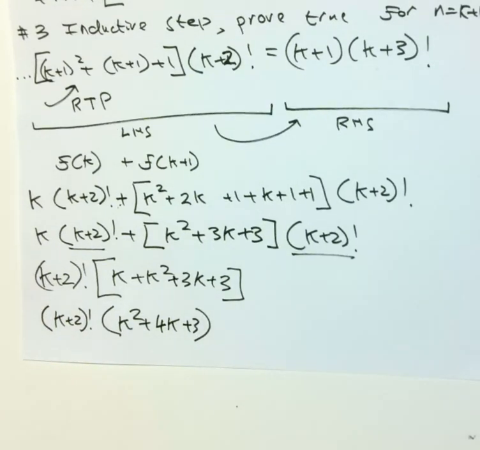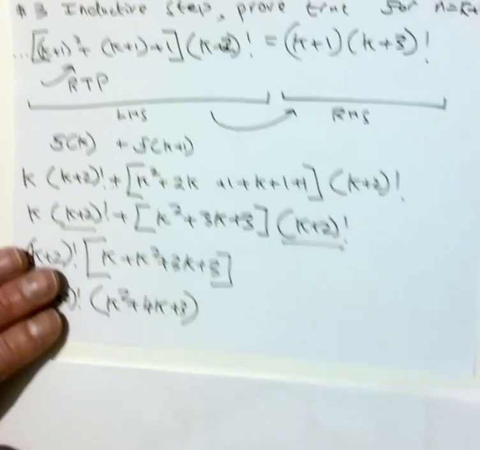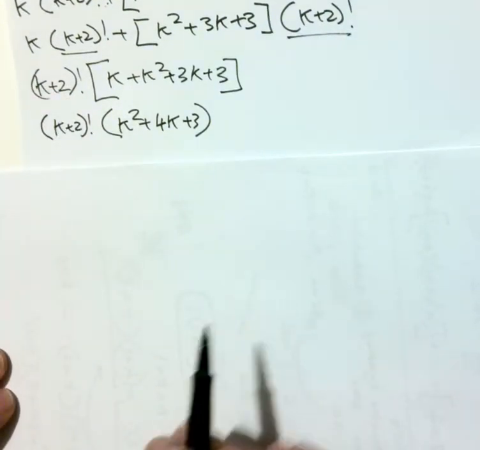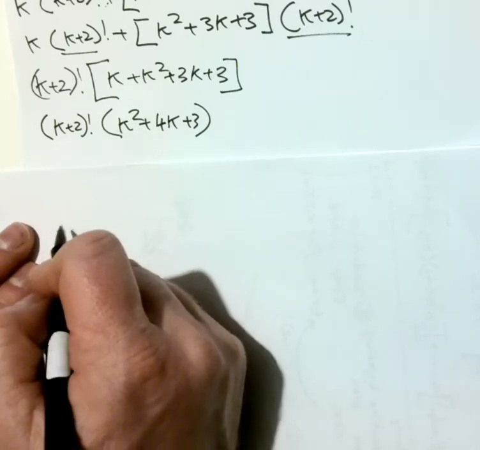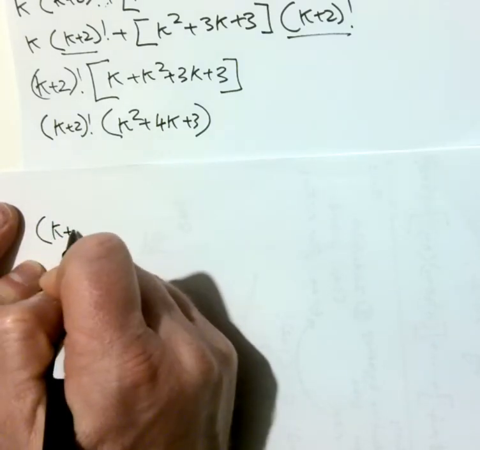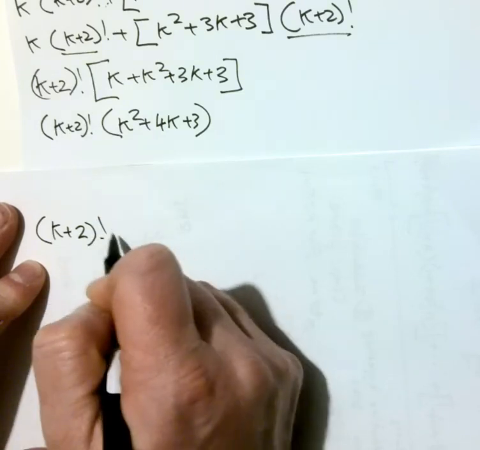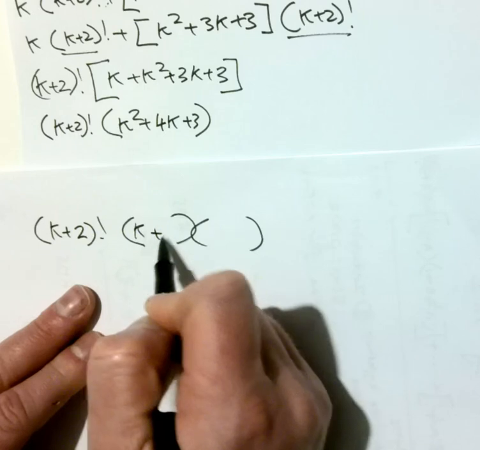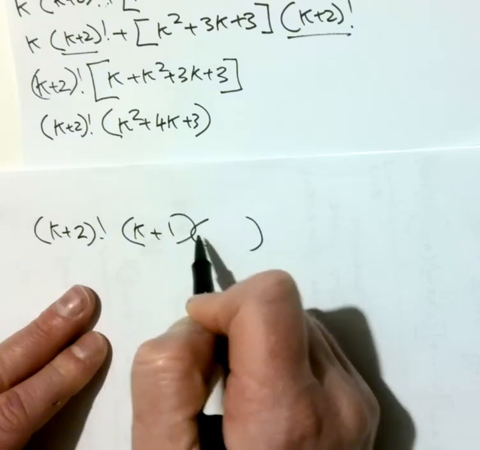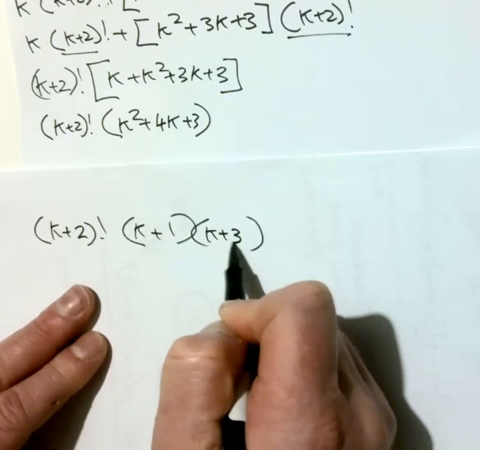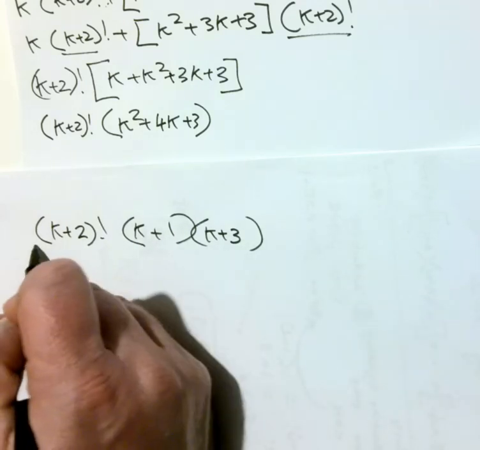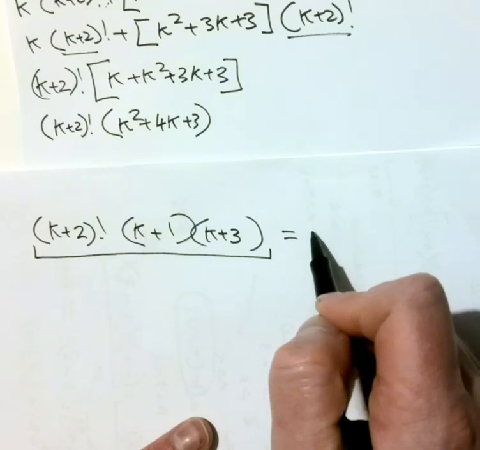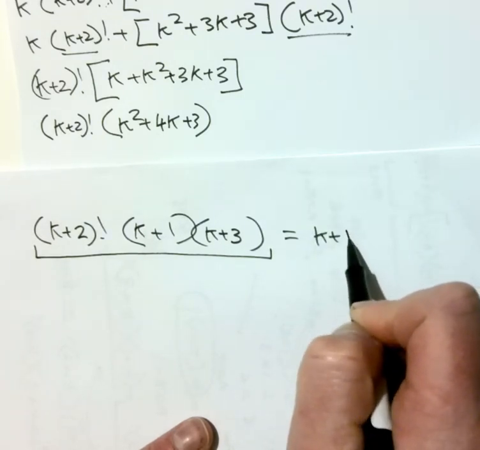We can factorize this, so we've got k plus 2 factorial, k plus 1, k plus 3, and we need to get this equal to k plus 1, k plus 3 factorial.